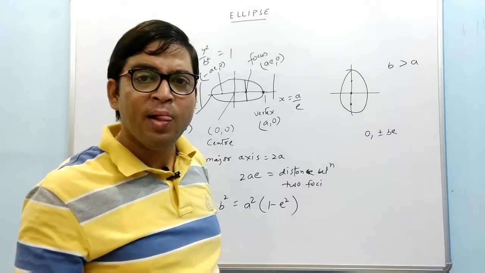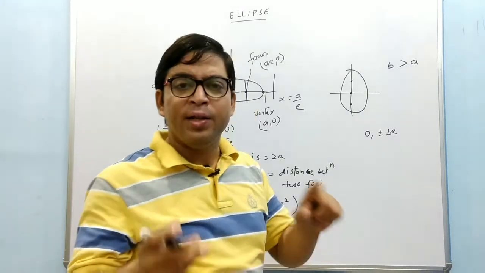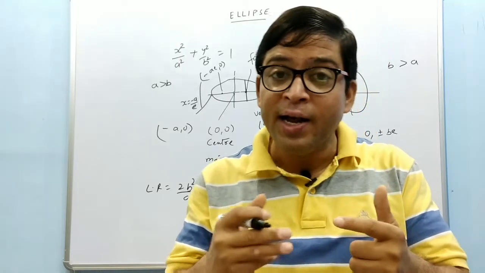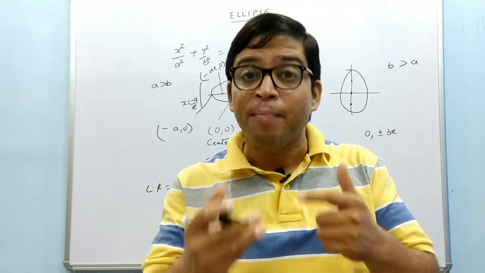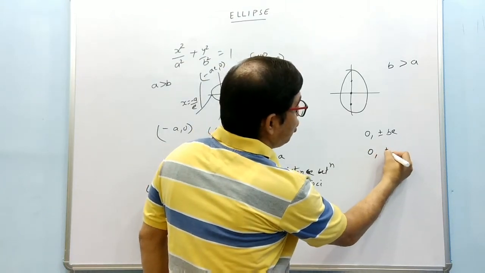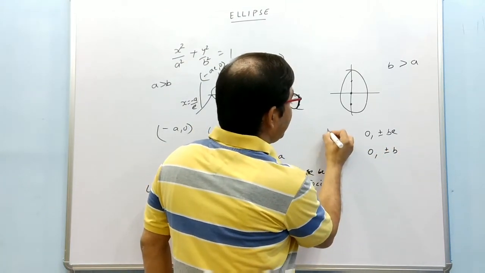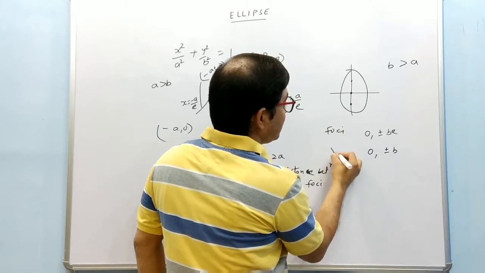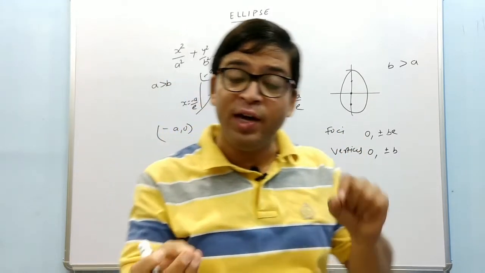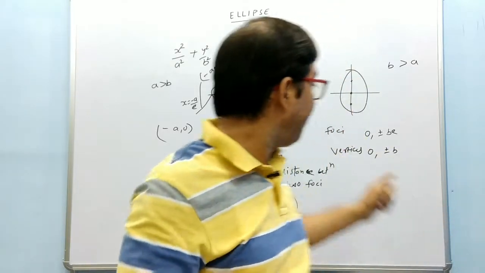Very simple. Vertices, there it was (a, 0) or (minus a, 0). Here (0, plus minus b). So vertices are (0, plus minus b), and this is for the vertical ellipse where b is bigger than a.